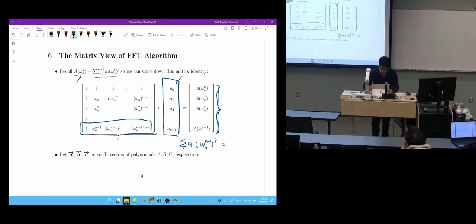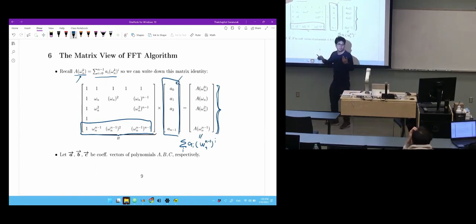But that is exactly this thing, just from the definition of the polynomial. So now you see that, from this vector A, to compute what we want, another way to describe it is to multiply A with this matrix. Let's call this matrix H.